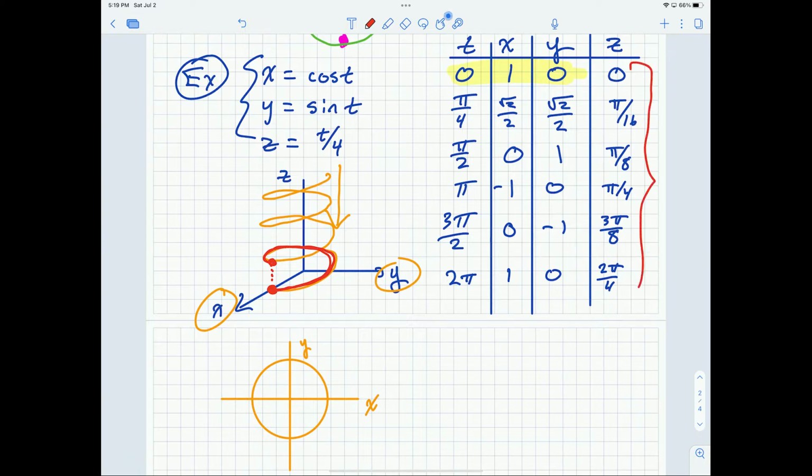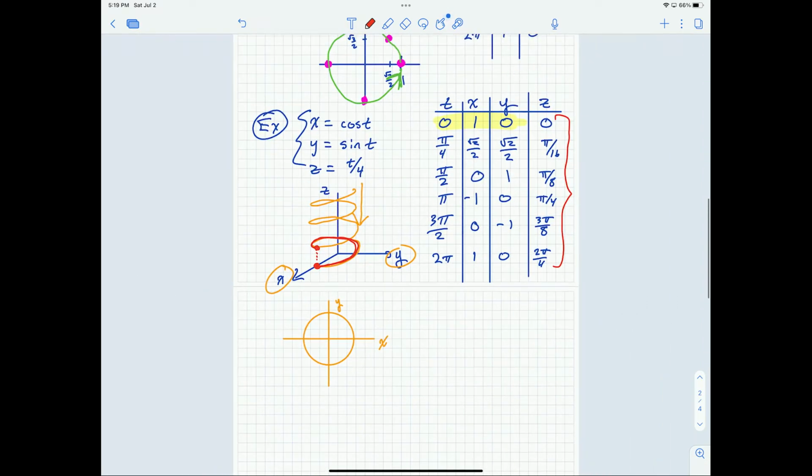But if we keep going, then the x and the y values are going to keep making circles and the z is going to keep going up. Okay, and so that's not super hard to understand. I think everybody kind of gets that. But you do need a good understanding of this before you get on to those more difficult problems. And that's why I was going over that again.